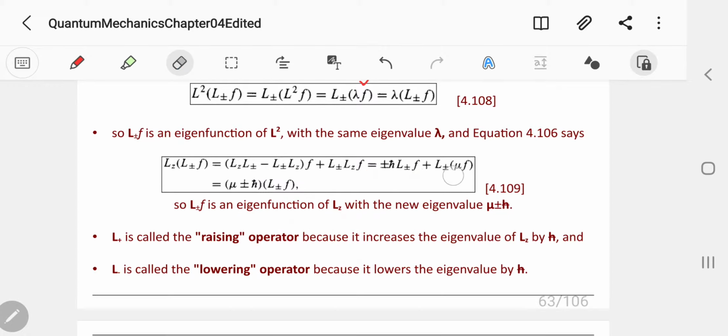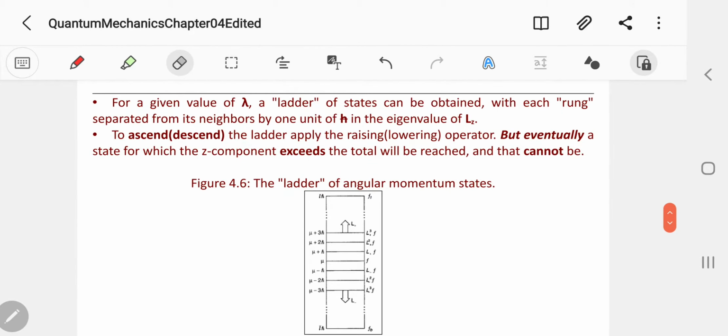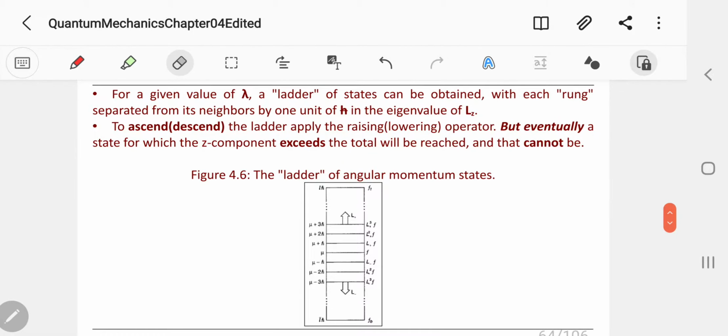So it will come to a point that when you raise or when you go down, you will reach a state for which the z component exceeds the total angular momentum, and this should not be.